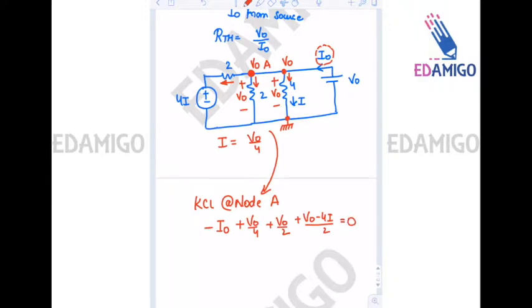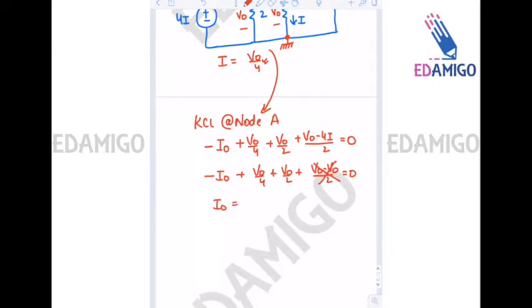Now we know that I is equal to V0 by 4, so minus I0 plus V0 by 4 plus V0 by 2 plus (V0 minus V0) divided by 2 is equal to 0. So this term cancels out.